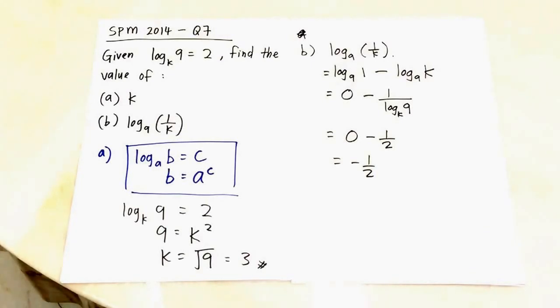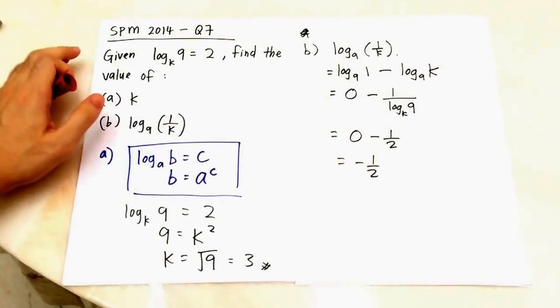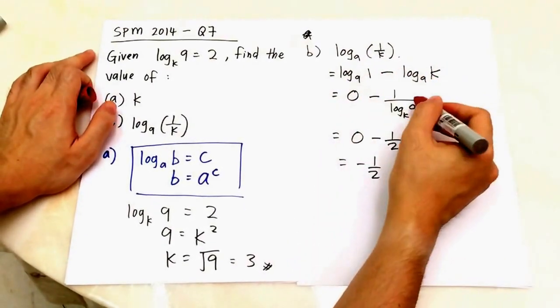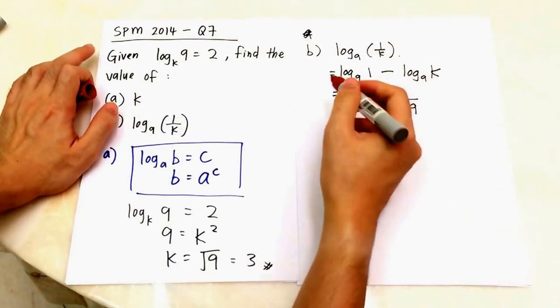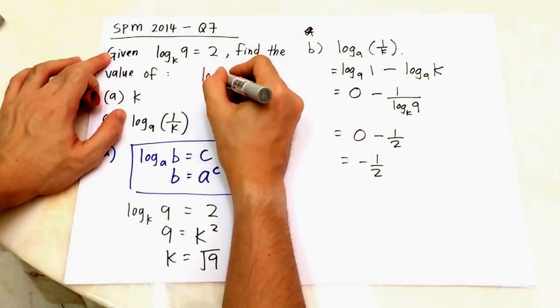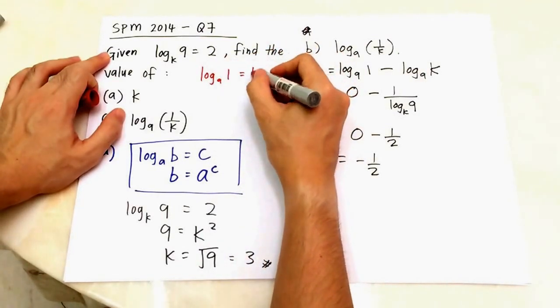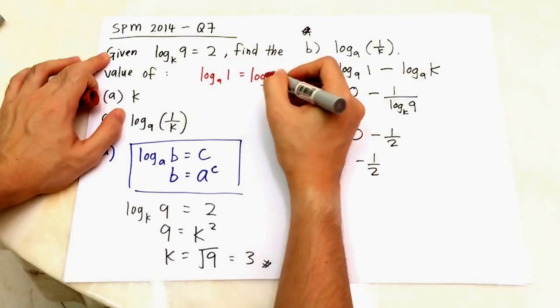I can understand some of you might be very confused. First is why this one will actually give you 0. So I explain one by one. Then I will explain about this formula as well. First, let's say I have log 9 1. I understand everything power of 0 equals 1.